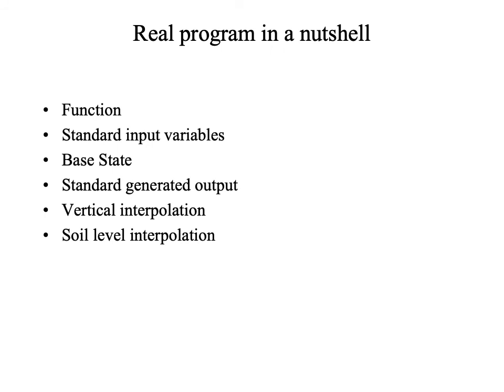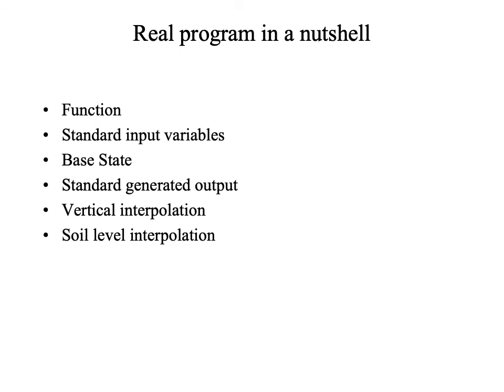The entire purpose for the real program is to take meteorological data that is on the native coordinate from the first guess model that came in from ungrib and went into metgrid, and then vertically interpolate that data, compute some diagnostics, and pass data files on into the WRF model.